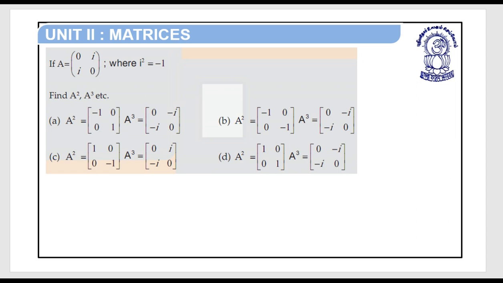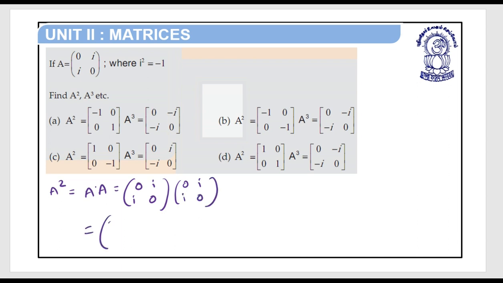A is equal to 0 I 0. Find A square, where I square is equal to minus 1. A square, so A into A. 0 I 0, 0 I 0.